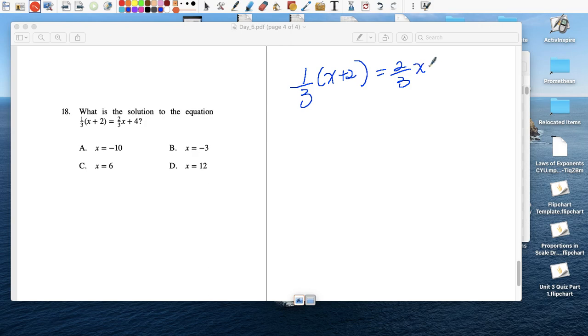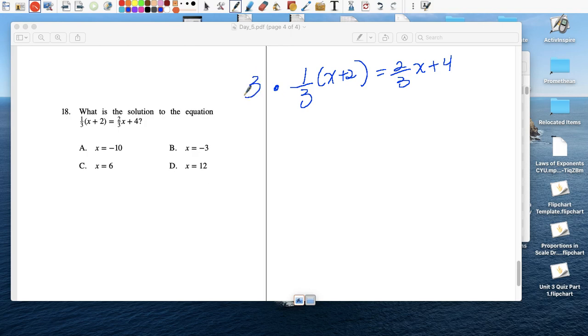2/3 x plus 4. Now, what did we do here? Yes, you can just do this distributive property and deal with fractions if you like. Or we can multiply and get rid of the fraction. How do we do that? Well, we multiply both sides by 3.